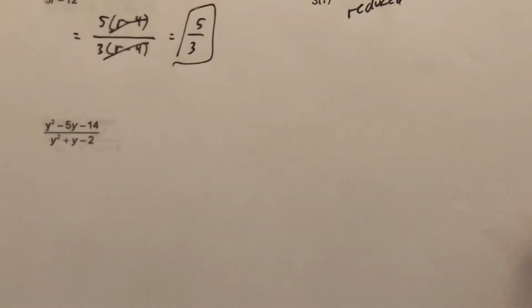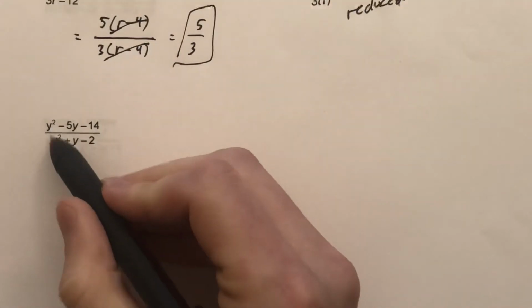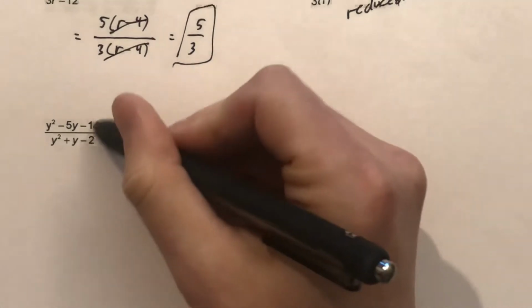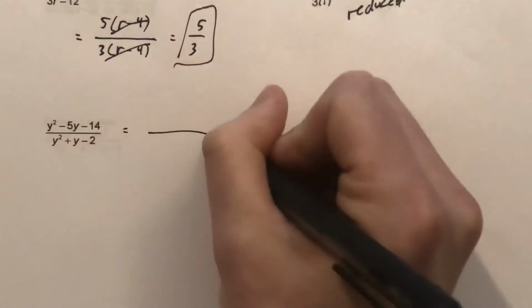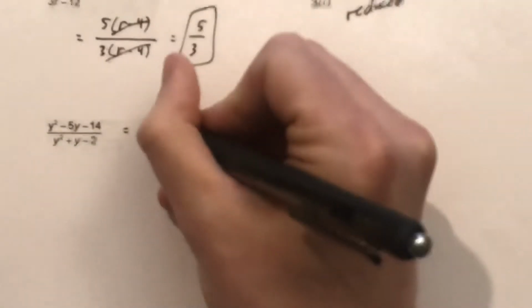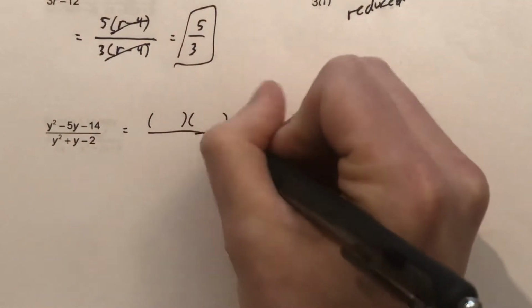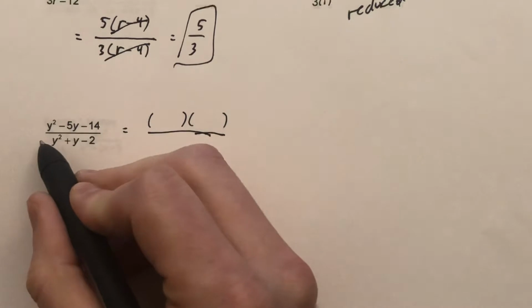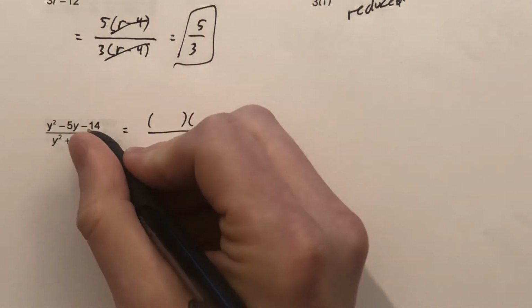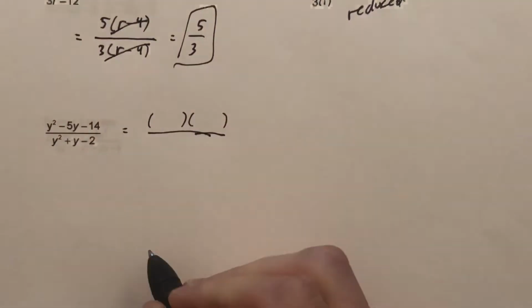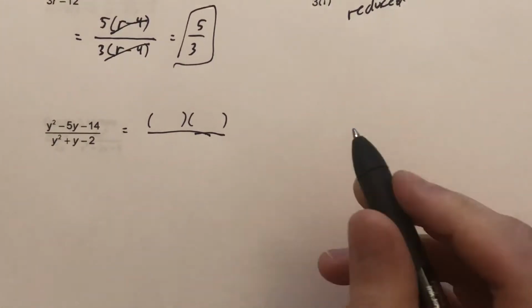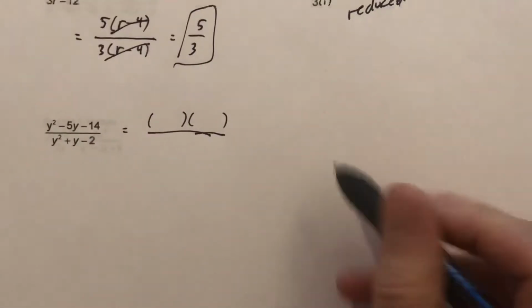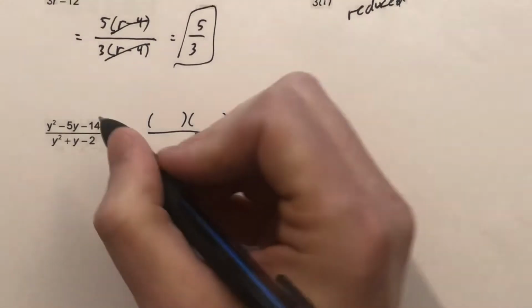All right, for the third example, same thing. Don't be tempted to cross out y squareds. Don't be tempted to cancel out 2 and 14. We want to factor these things, which we know how to. These are both easy cases. So we're looking at the binomial here, two binomials, numbers that multiply to negative 14 and add to negative 5. I'm going to probably stop doing the numbering off to the side unless it's more involved numbers. Feel free to keep doing that in your work though.